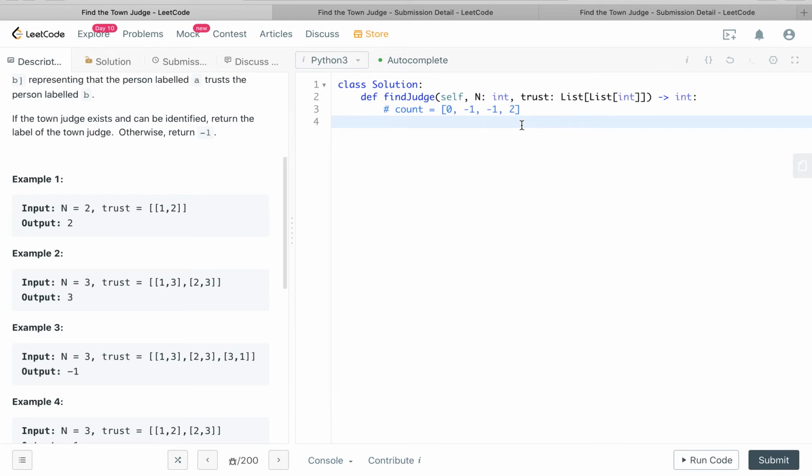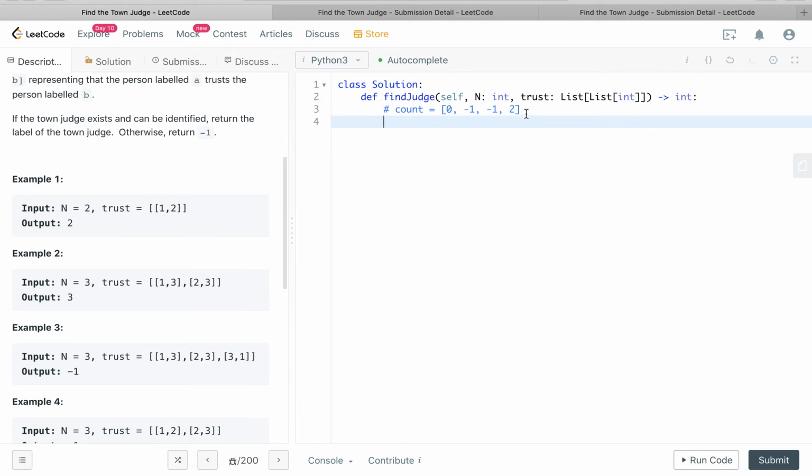So you can see that the count is actually, we are counting how many trusts people are giving to others, and people are receiving from others. So for person 1, it's giving other people 1 trust. Person 2 is giving other people 1 trust, and person 3 is gaining 2 trusts from other people.